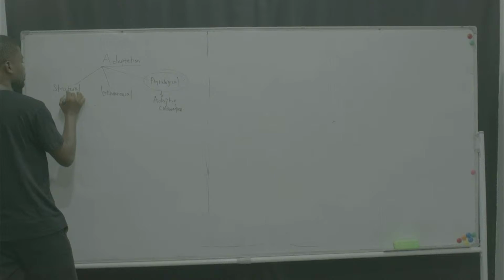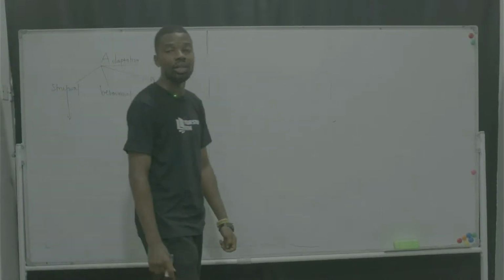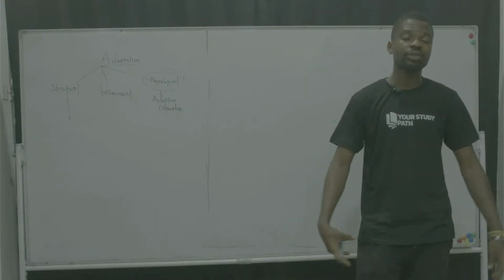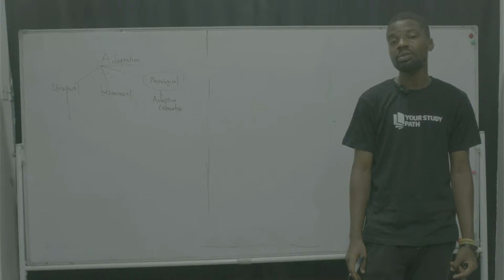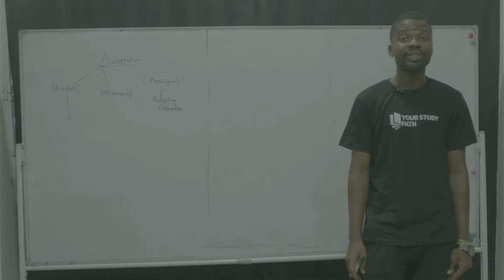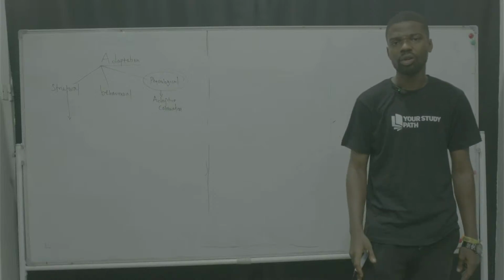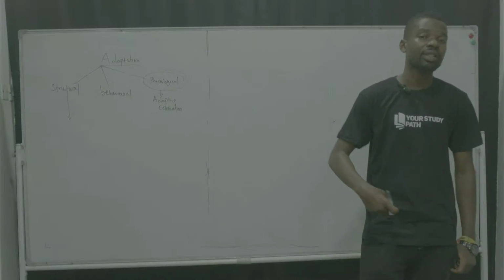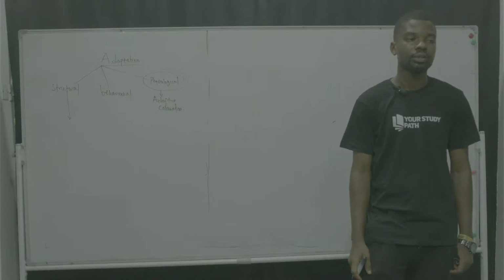Now, what does structural mean? Follow me. Structural means that an organism possesses features that make them survive. It can either be observable or non-observable. It can either be seen physically in the body structure, or not physically seen in their body structure, but it's carrying out a function within their body.